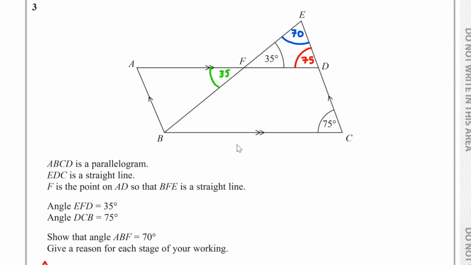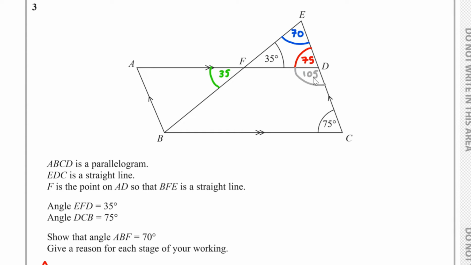Now FDC, that is this angle here, is equal to 180 take away 75, which is 105. So this angle is 105 degrees. The reason for that is we have co-interior angles, which sum to give 180.